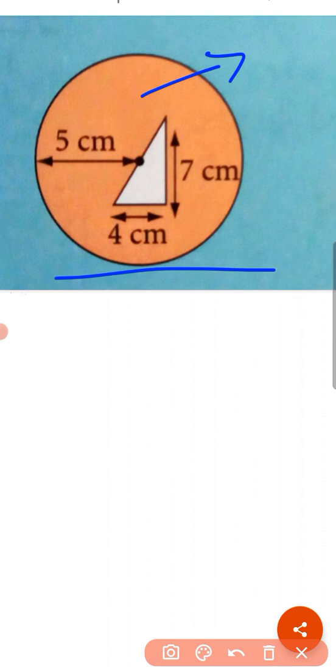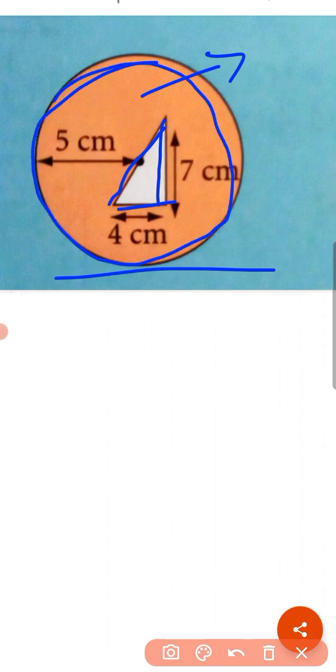To find the area of the shaded region, subtract the area of this triangle from the area of the circle.